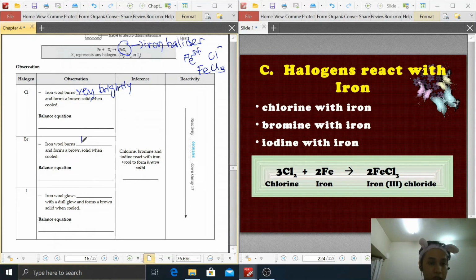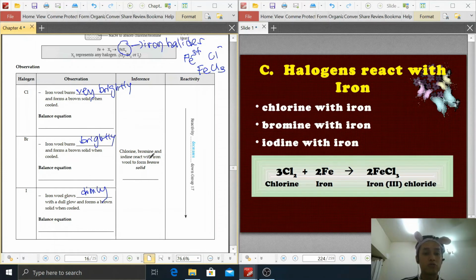For bromine, they burn brightly and form a brown solid, whereas for iodine, they glow dimly and form a brown solid. These are the observations for the reaction between the halogen and iron wool.